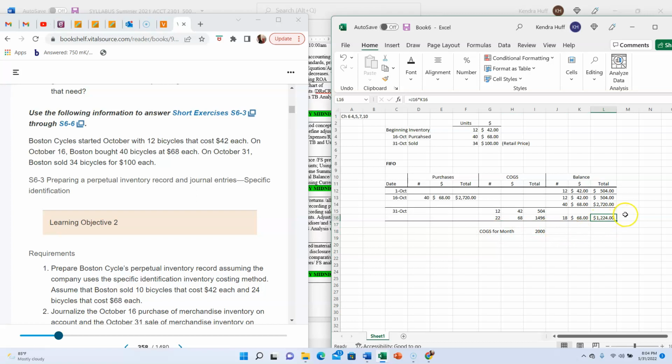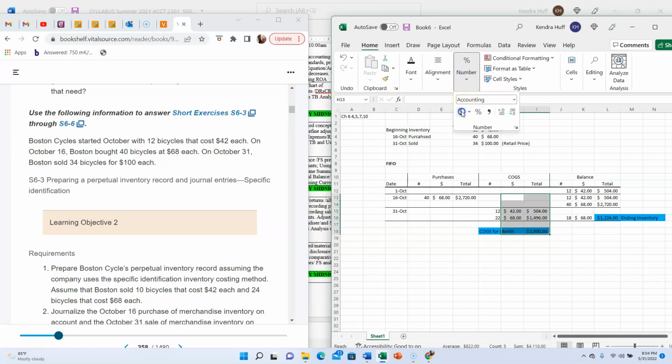And this number is our ending inventory. All right, and that is number 4.